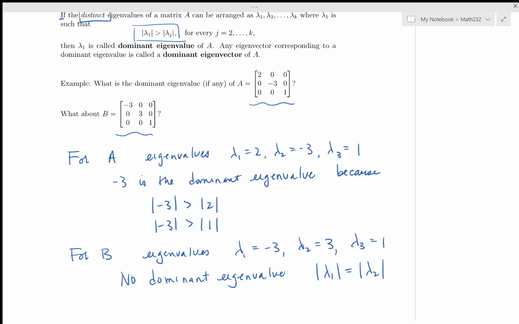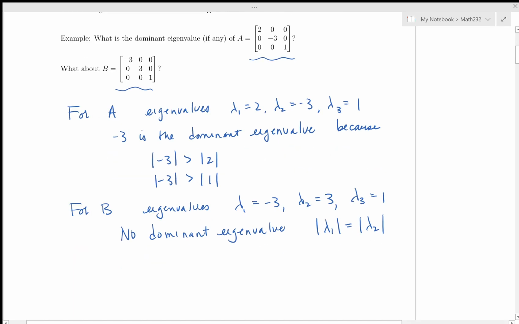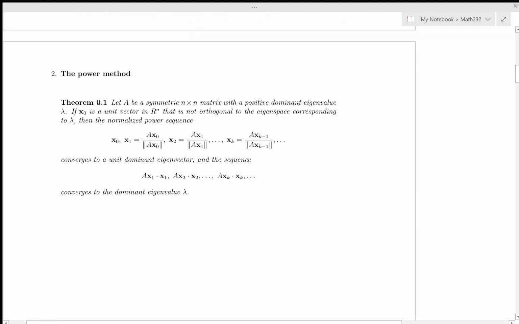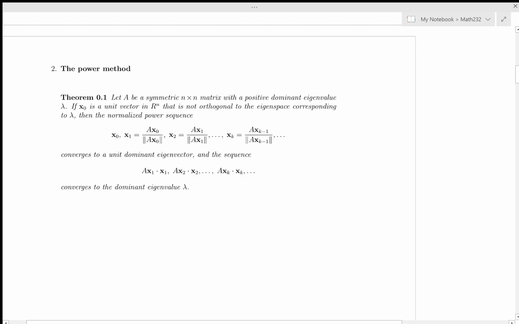With that definition in hand, we will move on to what's called the power method. So here's the theorem. A is going to be a symmetric matrix. There are powerful convergence results that apply to symmetric matrices.